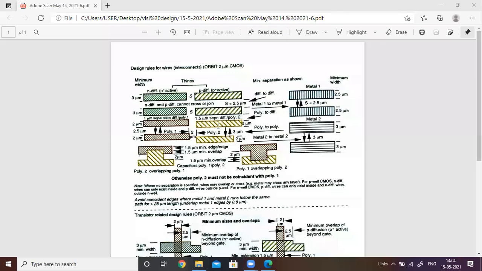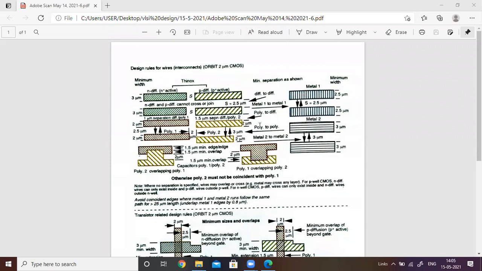Poly 1 to poly 1 separation is 2.5 micrometer, and poly 2 to poly 2 is approximately 3 micrometer. These are the design rules you have to remember. The width of poly 2 and poly 1 is also 2 micrometer. There is a difference between the diffusion width and the poly width. Remember these points.